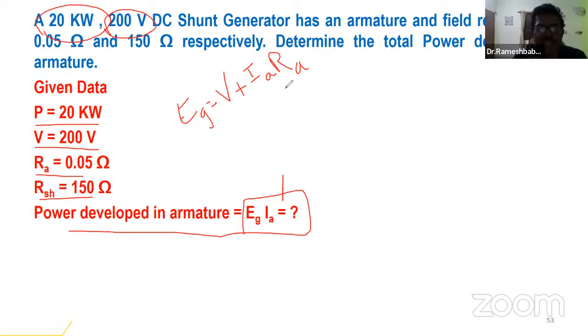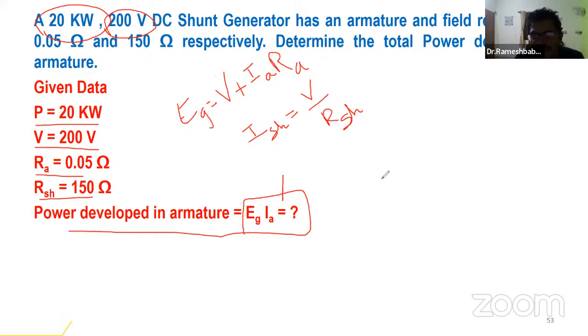First ISH is equal to V by RSH, so that you will get the ISH value, the shunt field winding current.